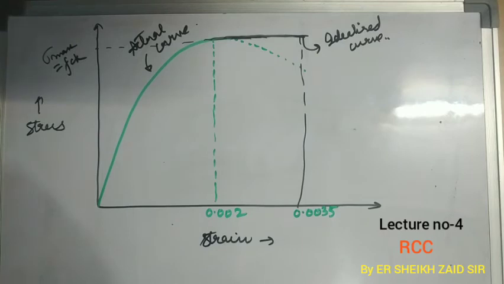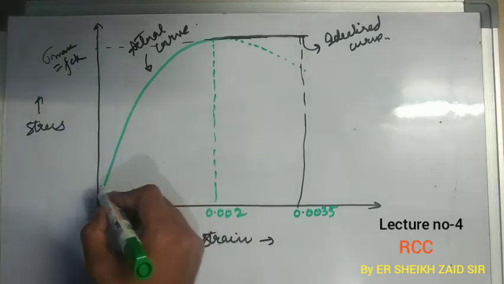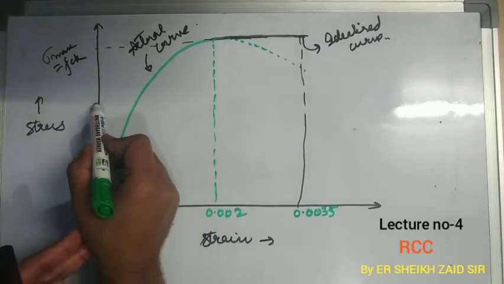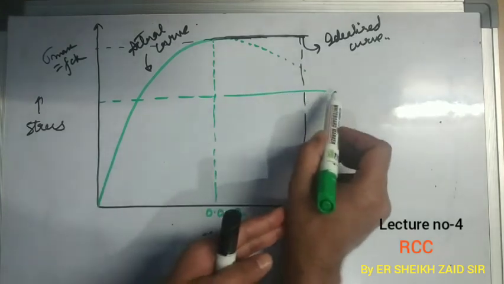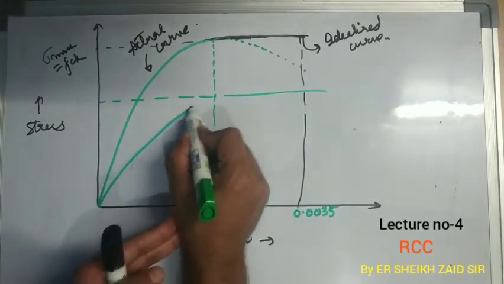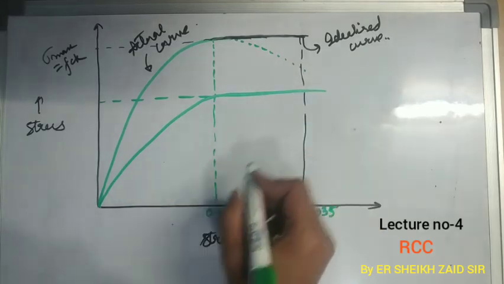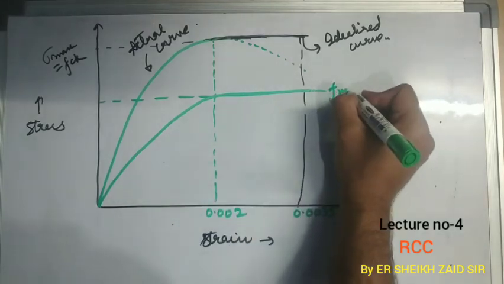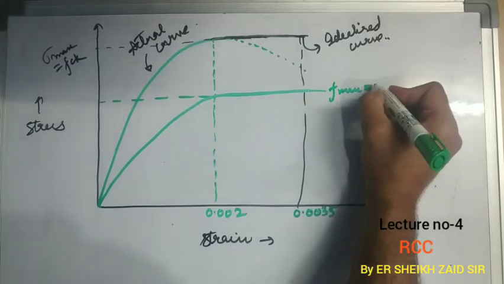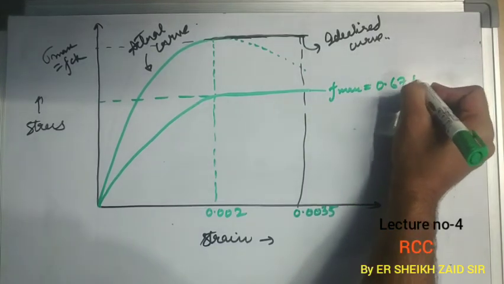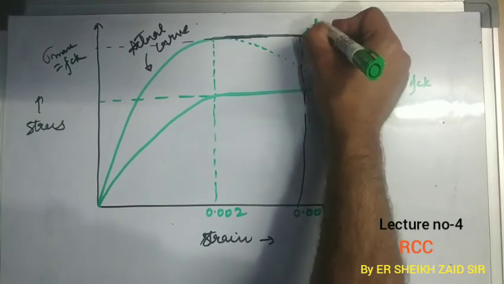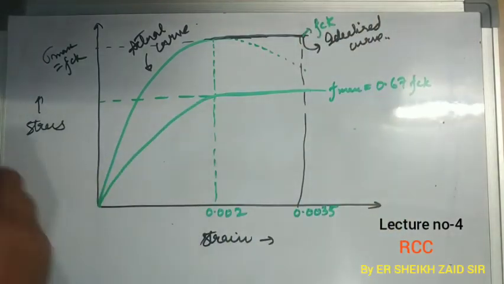So corresponding to that, in this case sigma max will be 0.67 times FCK. See, this was FCK. We have multiplied these values by 0.67. So this gives us the idealized stress strain curve for concrete in the member.